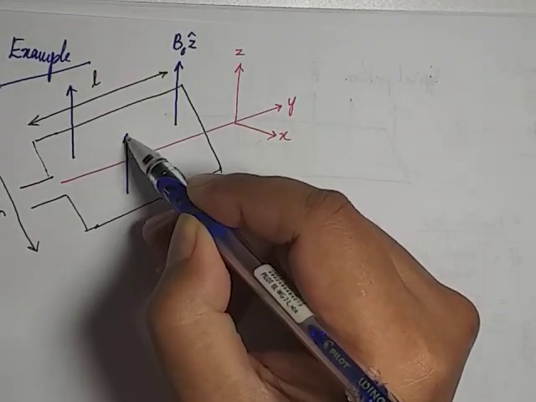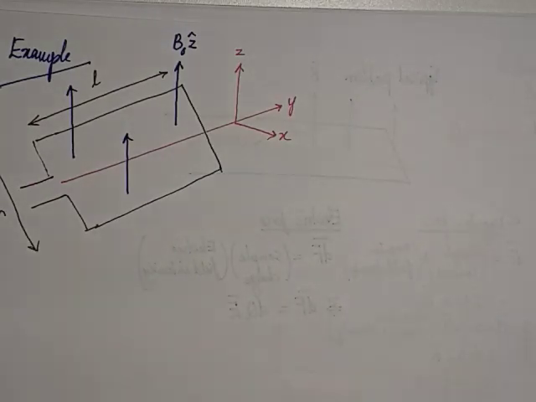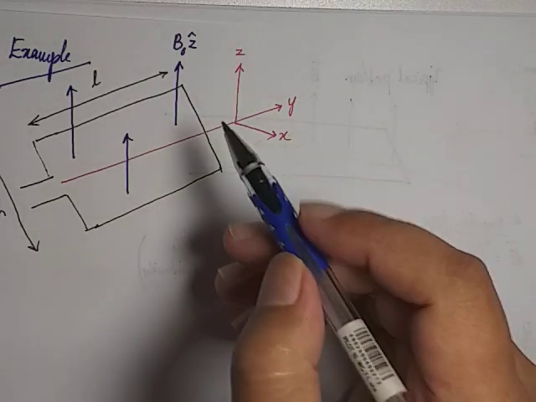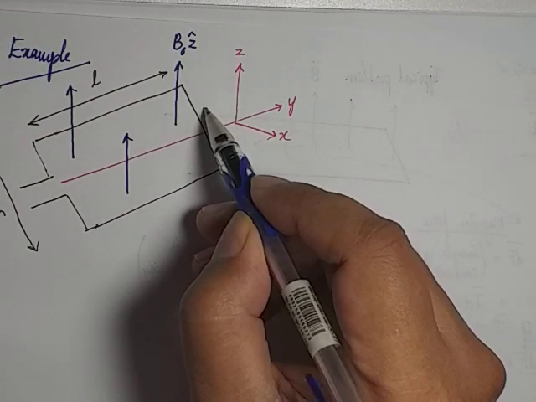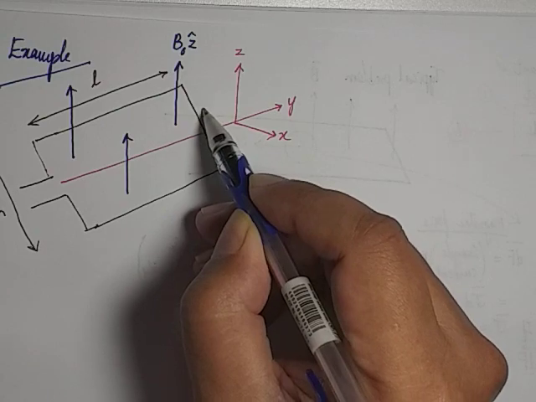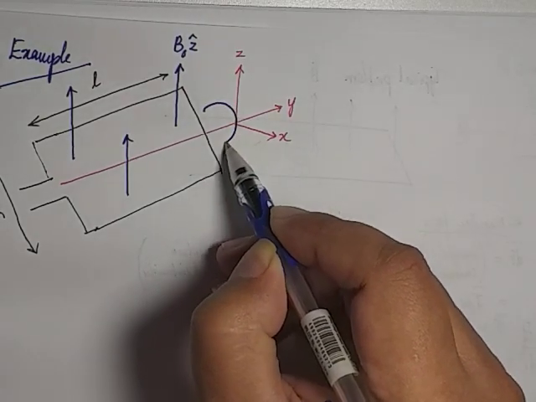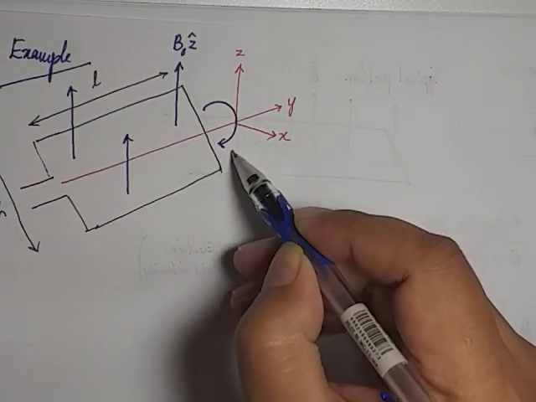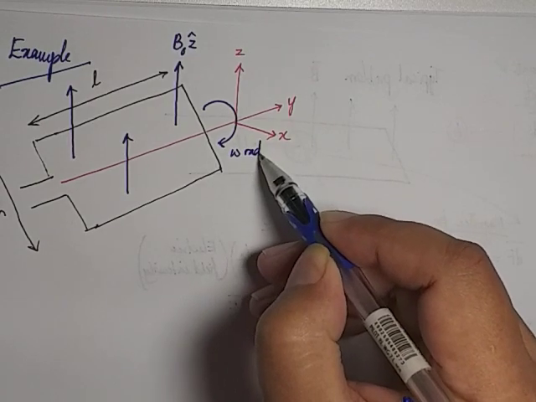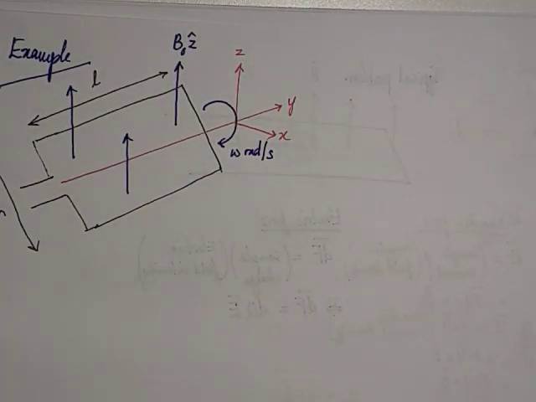Okay, this is one part needed to create a scenario of motional EMF. Another piece of information needed here is that this particular blade needs to be moving. So let's say it is moving in this direction at omega radian per second.